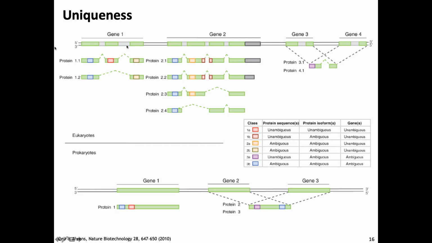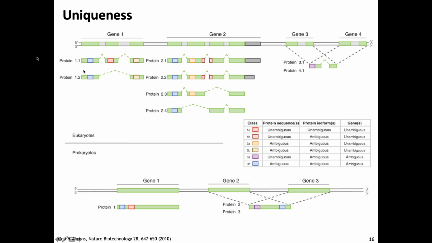If you see this guy and this guy, what do you know? Well, you know that you have gene 1 in there and you have protein 1.1, but seeing this guy could mean that you have only this guy or that you have both of them. That would not be distinguishable.